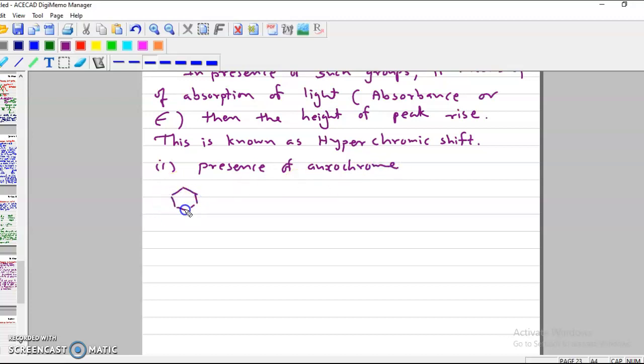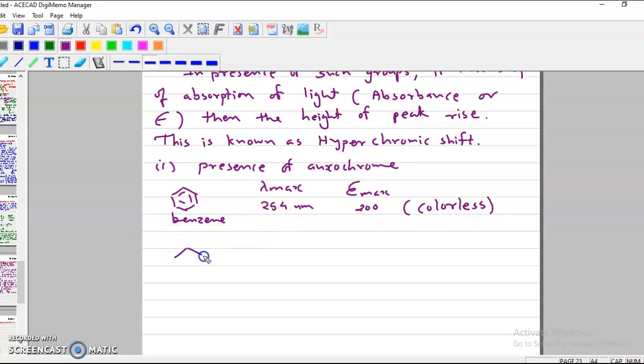We have already taken this example of benzene with absorption about 254 nanometer and epsilon maxima about 200, and that is why this compound is colorless. You see, if absorption is less, then it is colorless.